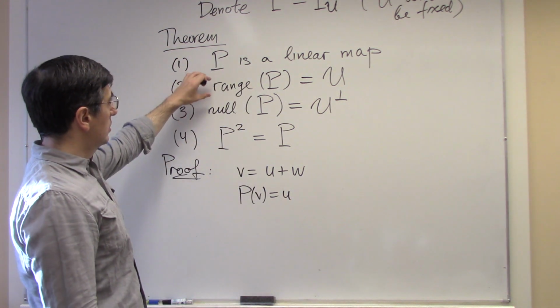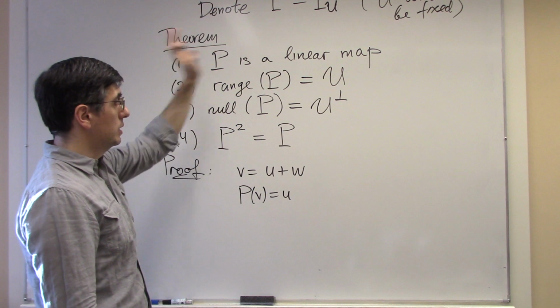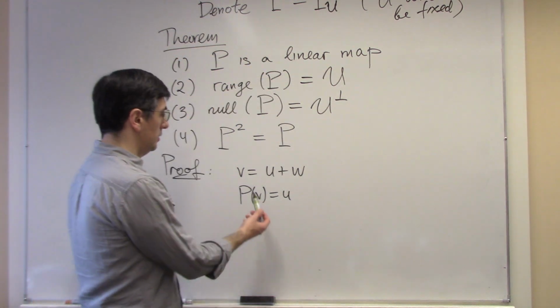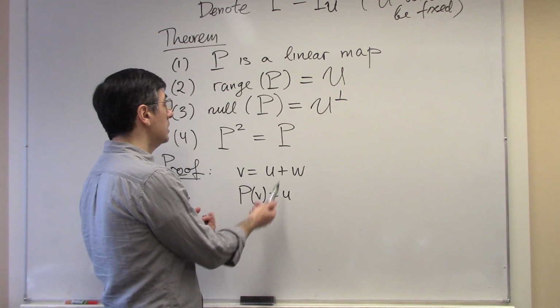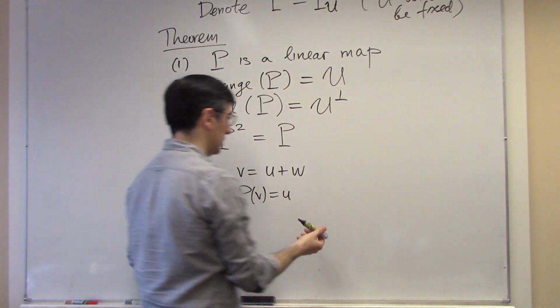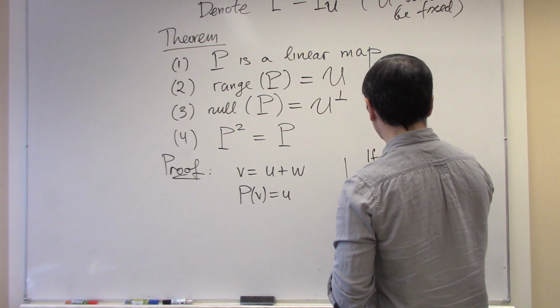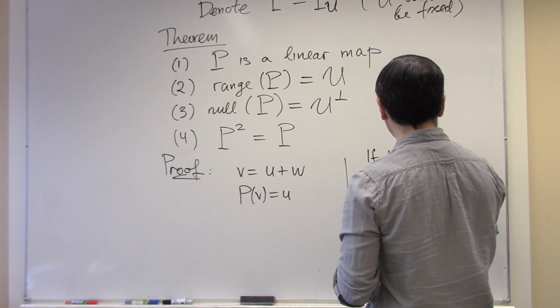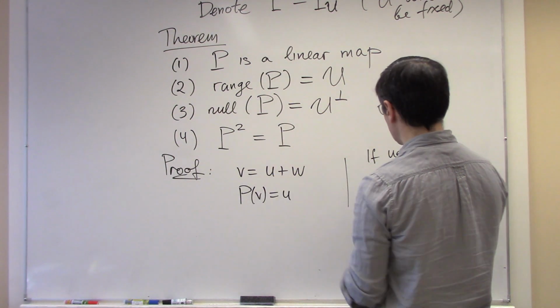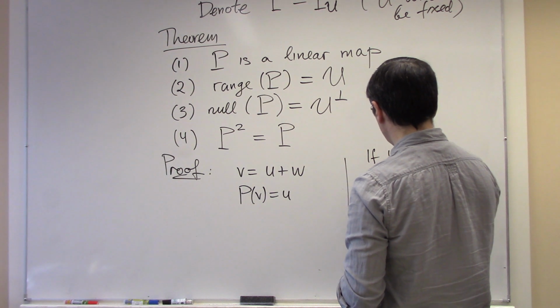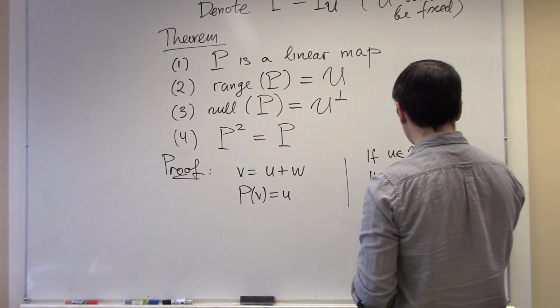Now, obviously P is a map into U, right? And if you take any vector in U, then what is this decomposition? It's U equals U plus 0.